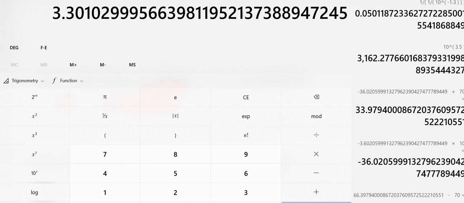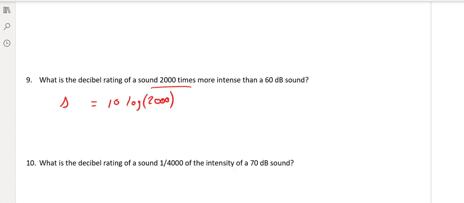Okay? The log of 2,000 was 3.3. We take 10 times that, and we get 33. And then it's more intense, so we're going to add that on, get bigger, and we're going to get 93 decibels.